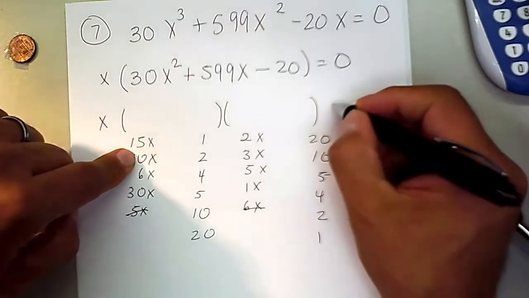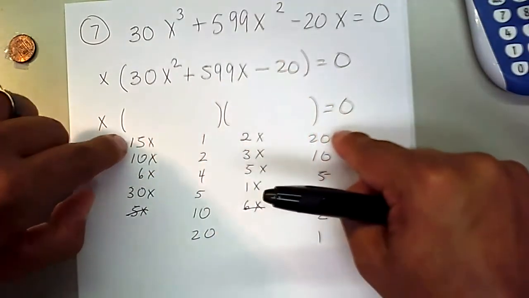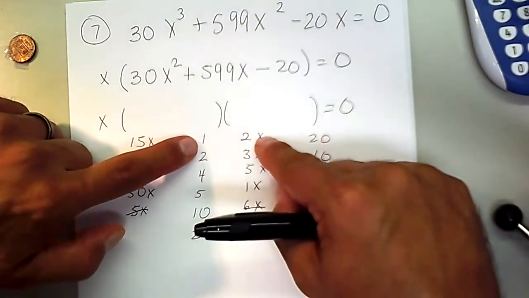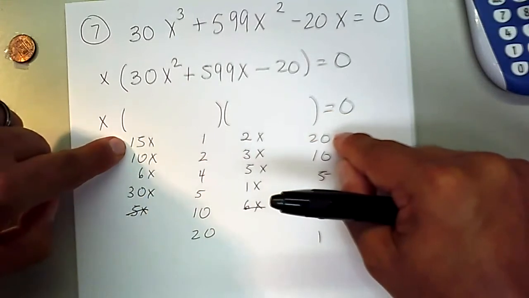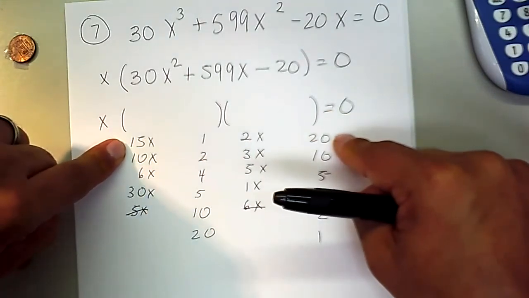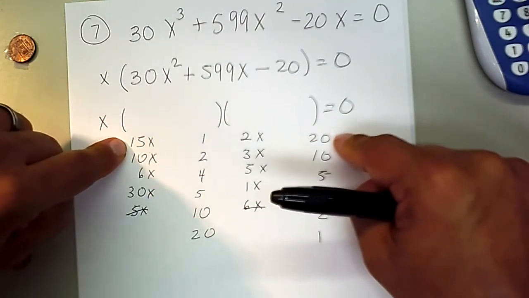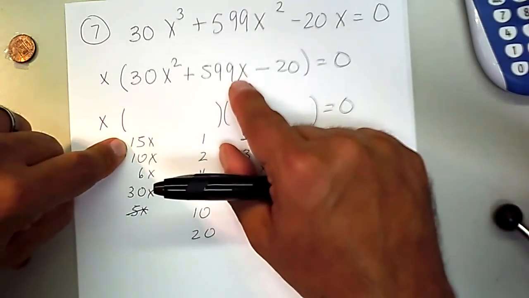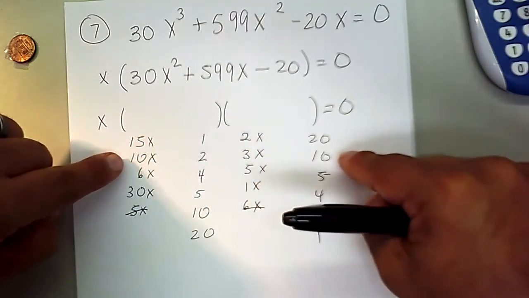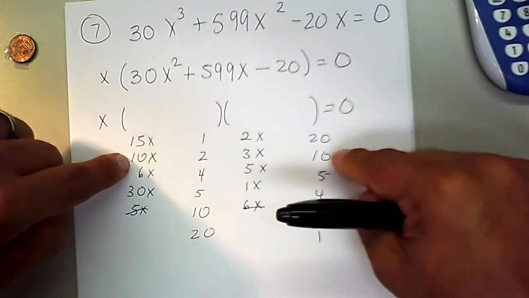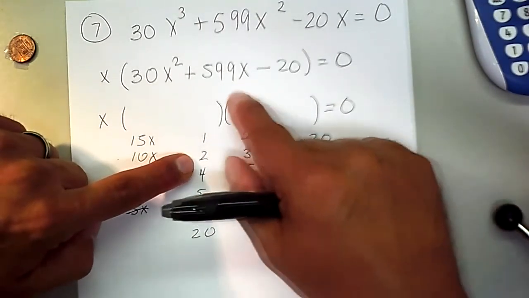Okay, now we want this to get up to 599 by foiling. So the outer terms and the inner terms have to get all the way up to 599. 15 and 20, well, that's about 300. Actually, that is exactly 300. That's about half of that. Plus or minus 2, that doesn't work. I'm doing the foiling in my head. 106, nope, that doesn't reach 500.